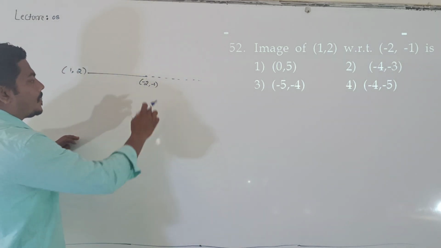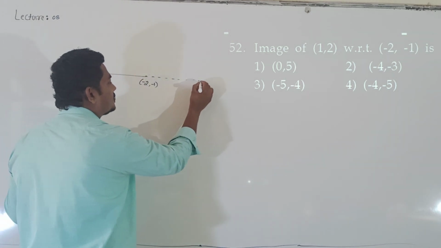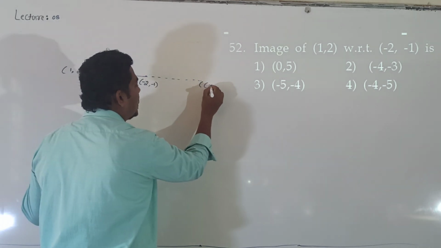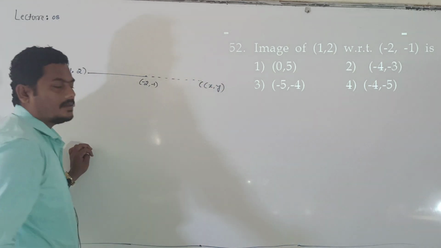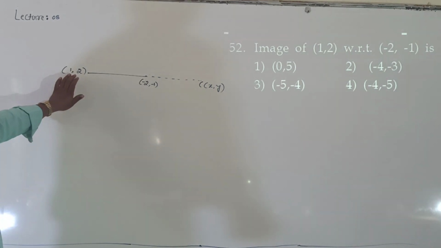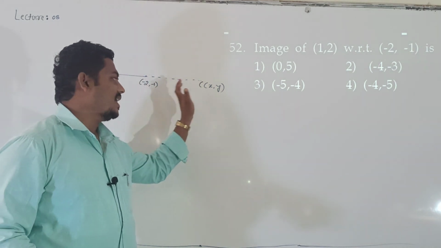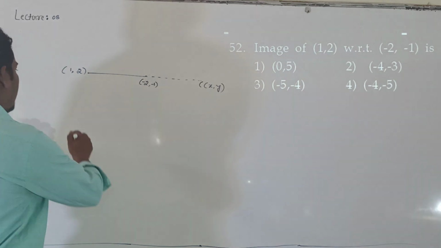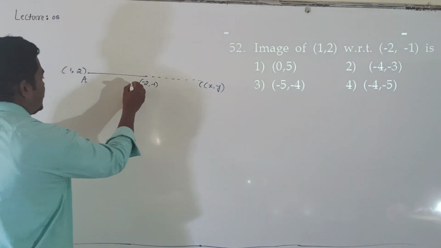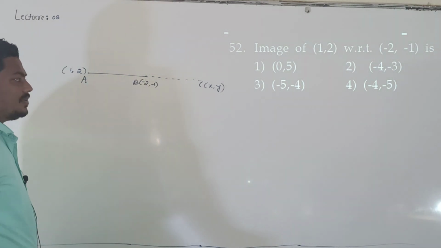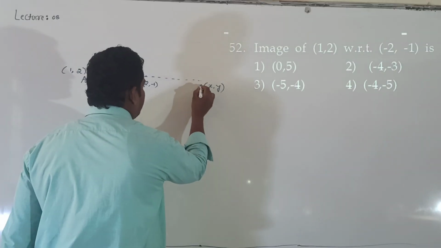I will take its image as C, its coordinates are x comma y. Or else take the given point as A and point B, and this is point C.